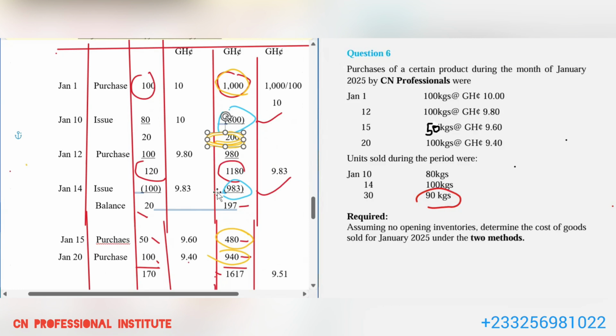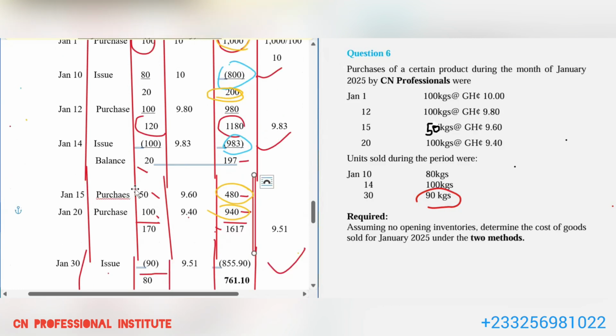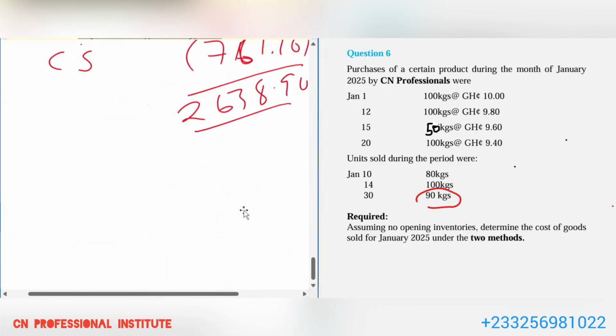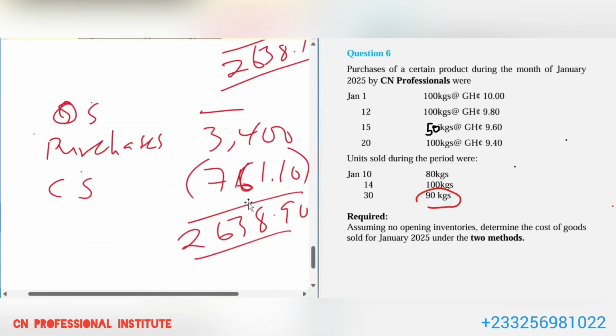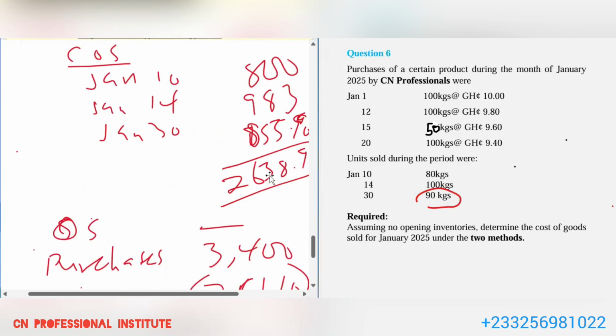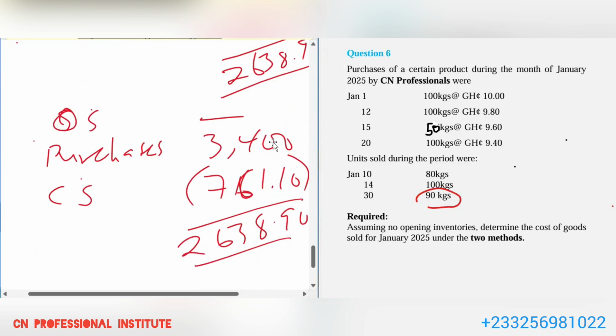Then January 15, another purchase 480. January 20th, 940. You sum all, and that will give you your total. This total purchase is 3,400. Then you less the closing stock, so you get the same. So it's either you add all your issues to get your cost of sales, or you do opening stock, add purchases, and less closing stock, right?